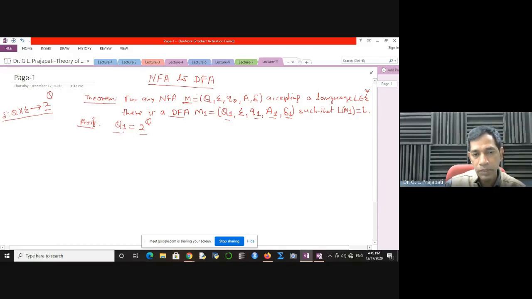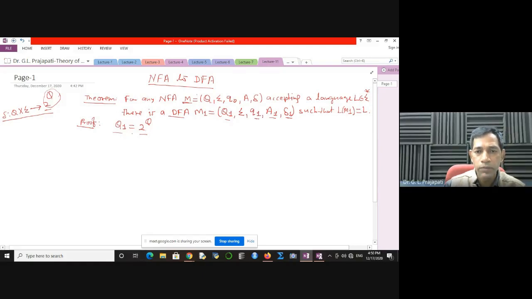But the maximum possible number of states in your DFA is 2^Q, because your NFA from any state, for any input, can go to any subset of Q. Once it goes to a subset, you need to see where it can go from that subset for some input, and that subset is a state of your DFA. So you have defined Q1, the set of states in the DFA, as 2^Q.